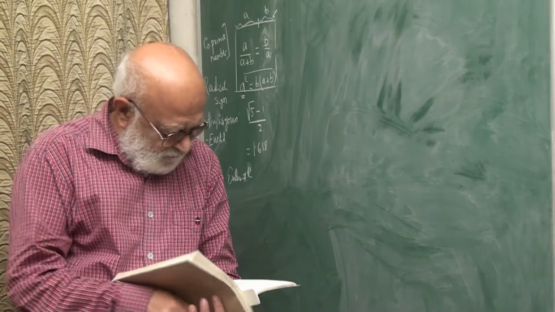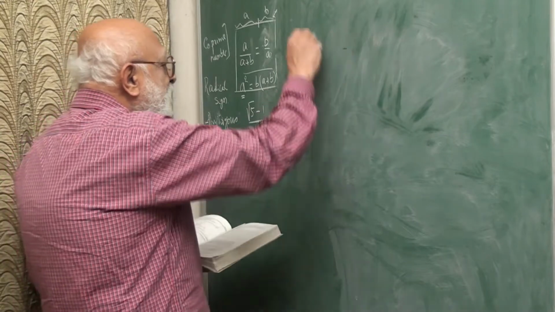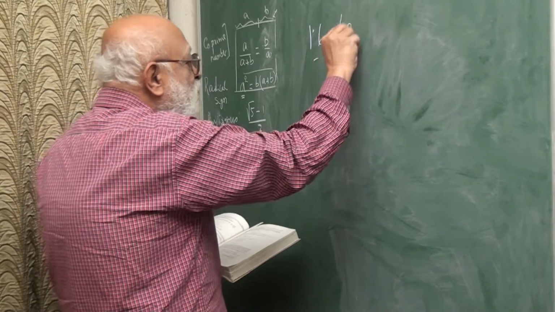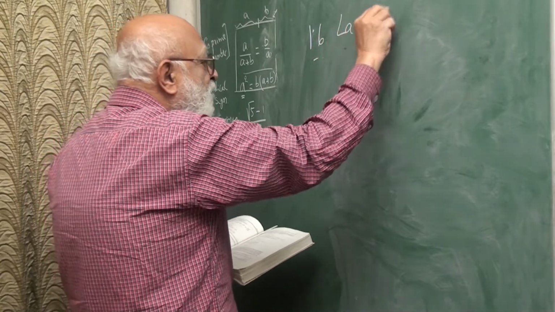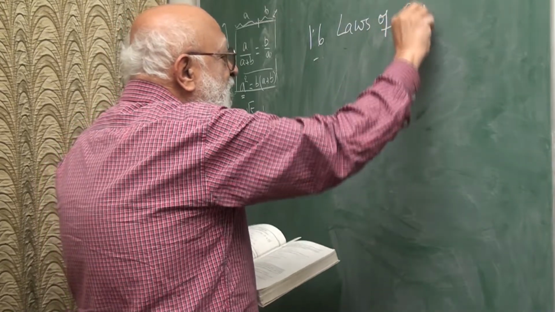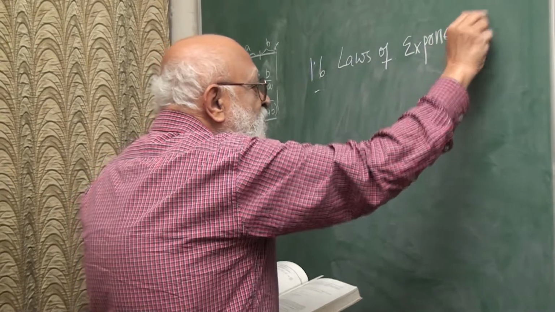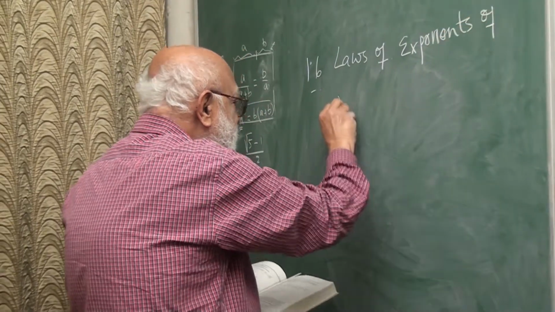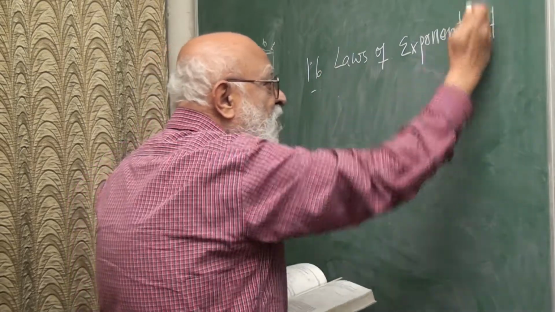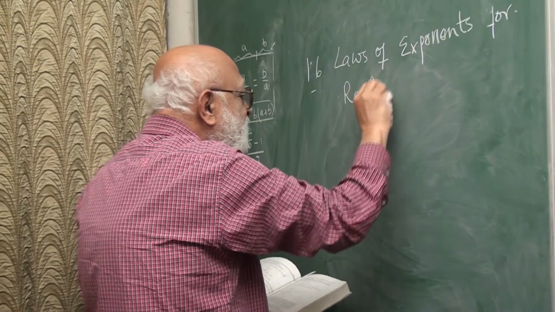So, rule of exponents for this is 1.6, and this talks about laws of exponents of real numbers.